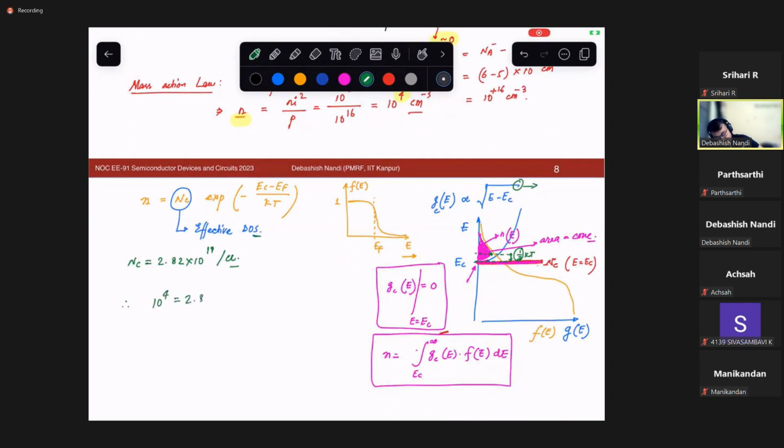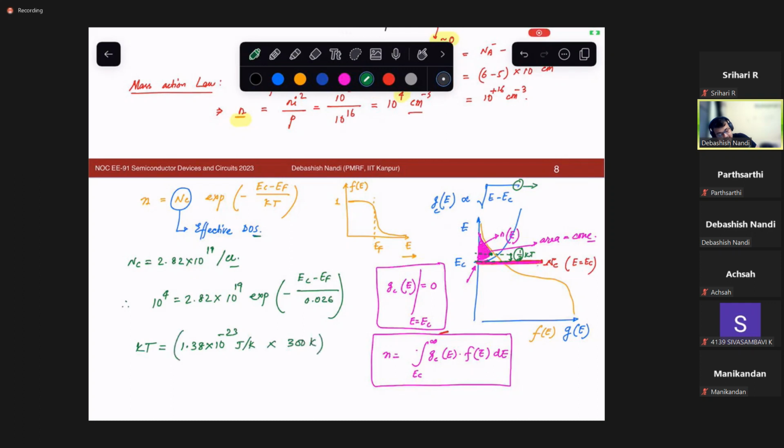So n equals 2.82 into 10 raised to 19 times exponential of minus (EC minus EF) over kT. What is kT? kT is nothing but 1.38 into 10 to the power minus 23 joule per Kelvin into 300 Kelvin.